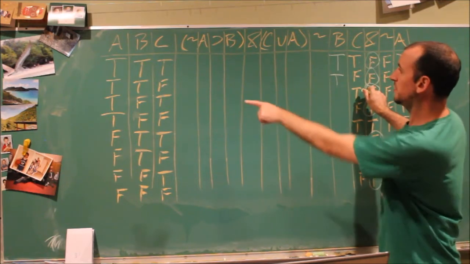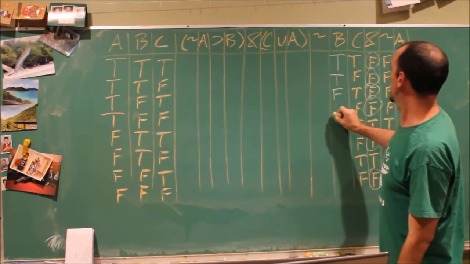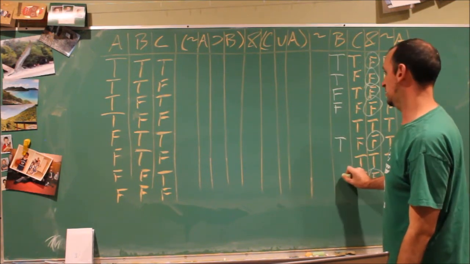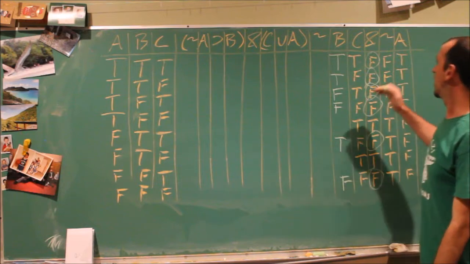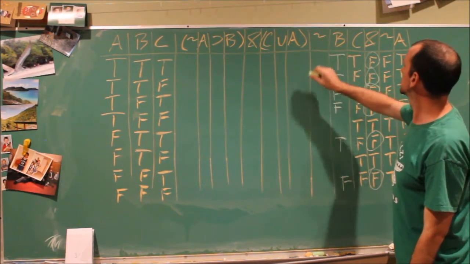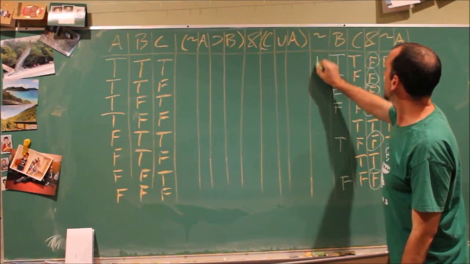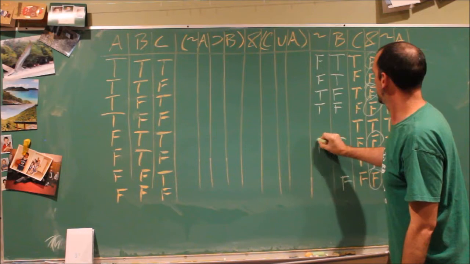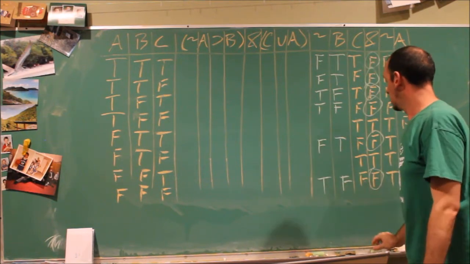A false conclusion, my B value is false, and it's false. And it's true, and it's false. Those are the only rows that I have to worry about. Now I need to negate that, so that'll be false, false, true, true, false, true.